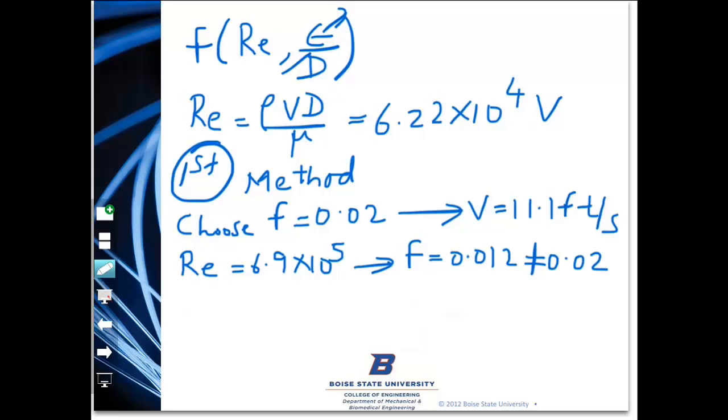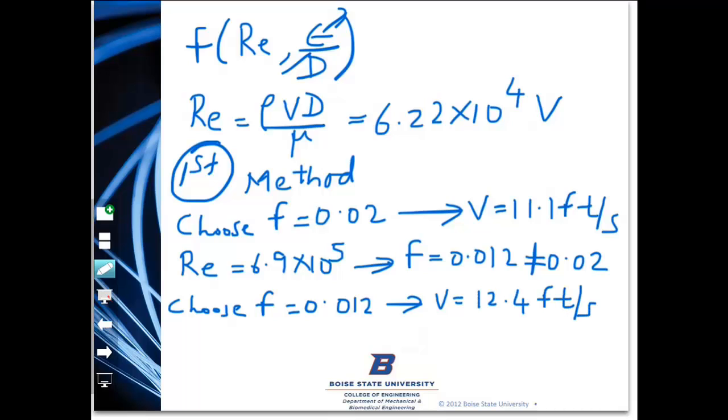You'll find that it is definitely not equal to what you selected before. So then you again choose f equals some other guess, and then you compute the velocity, and then you compute the Reynolds number, and at this Reynolds number for a smooth pipe, check what the f is you get.